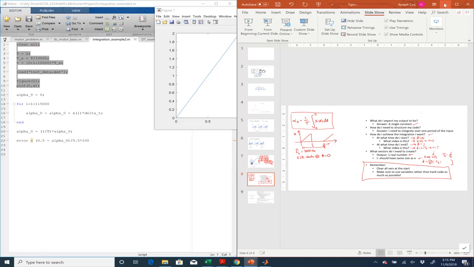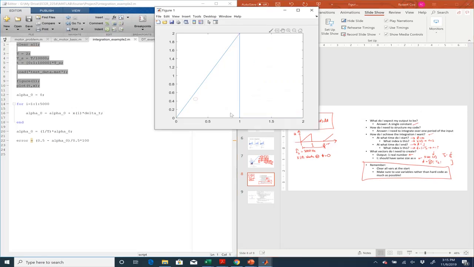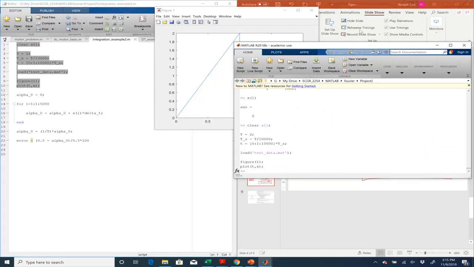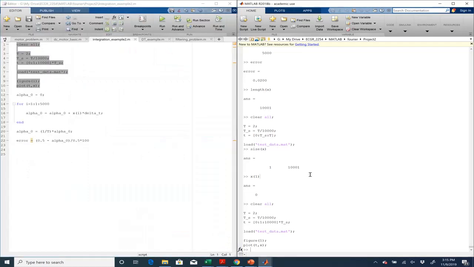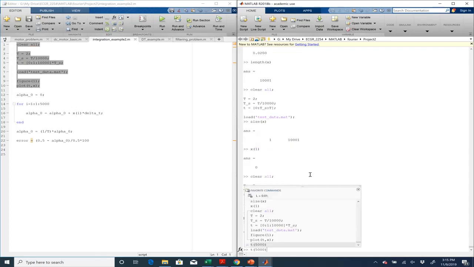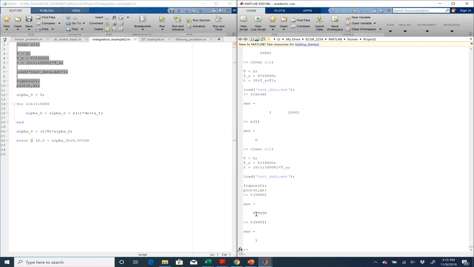That's going to be somewhere around entry number 5,000, or halfway through this vector. So what is t of 5,000? Well, that's 0.998. What's t of 5,001? Well, that's 1.